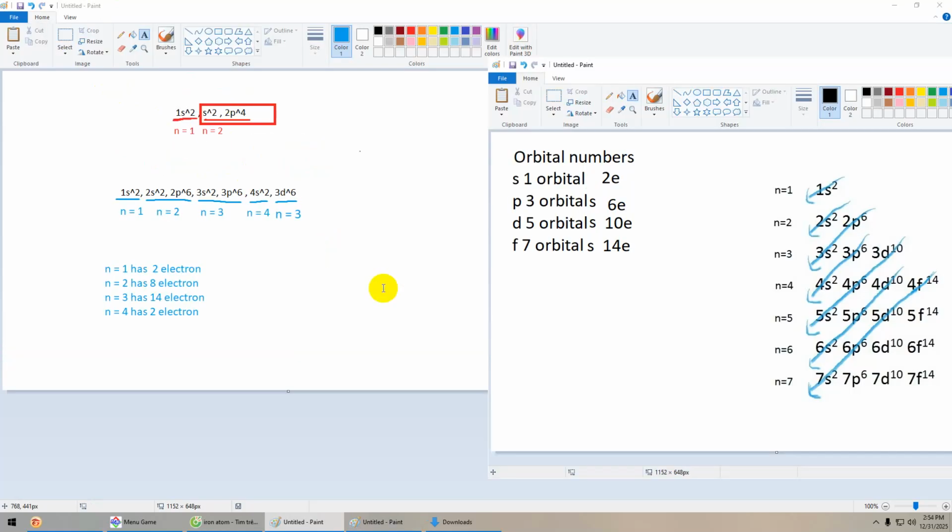Sorry, so I'm going back here. You can see there's a bit of confusion, because determining the shell depends entirely on this sequence. Because of the 3d10 variation, the 4s2 comes before 3d. So we got n equal to 3 here, but it doesn't matter.